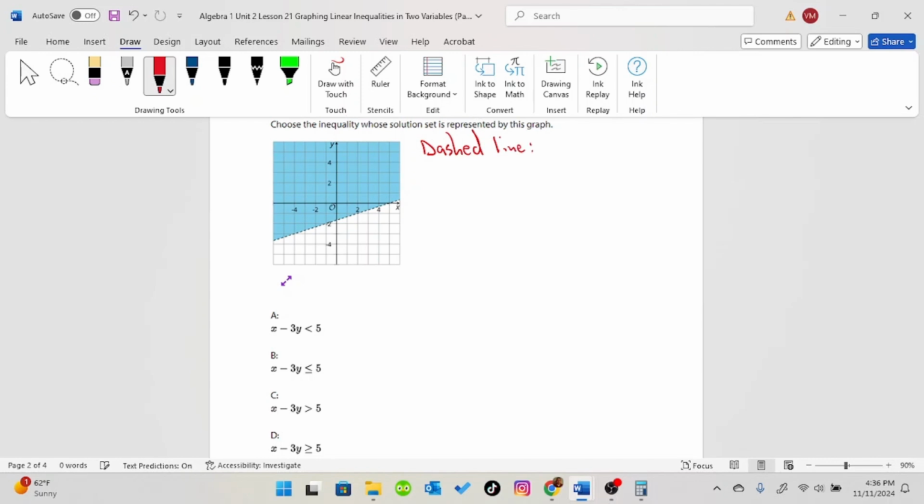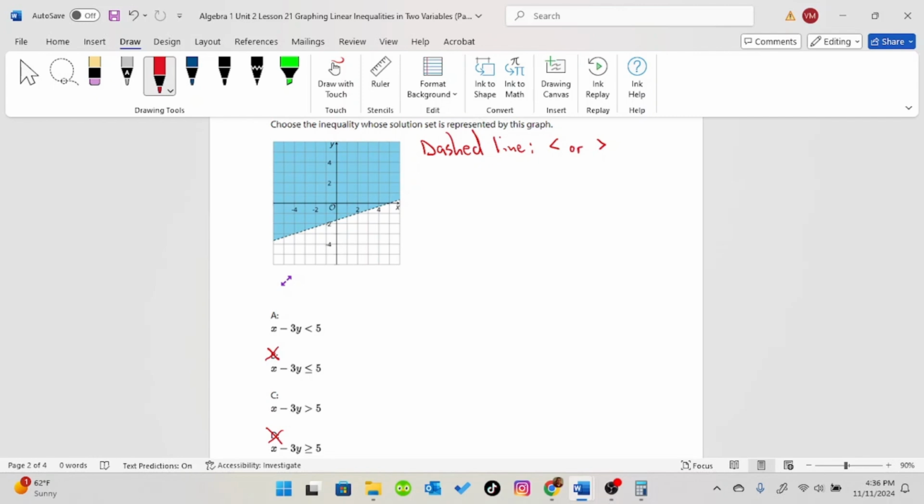When you see a dashed line, the only acceptable inequalities are less than or greater than, because we are not including the line itself. So right away, we know that B is wrong, and we know that D is wrong.